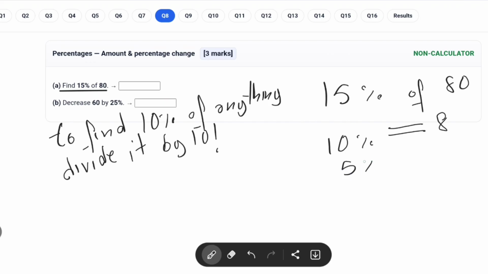Now we need to find 5%. And to find 5% is very simple because you already know 10%. So you're only going to need to divide that 10% that you previously found by 2. And then you're going to get 5%.